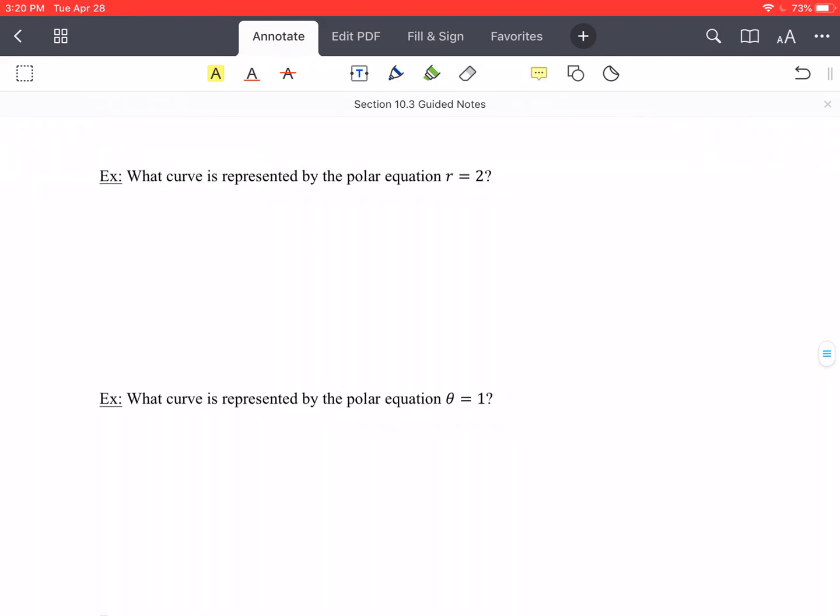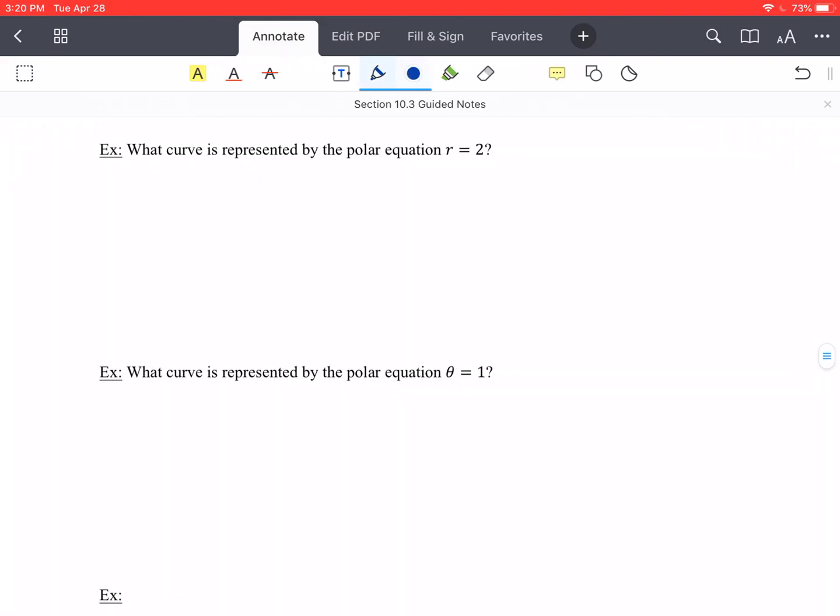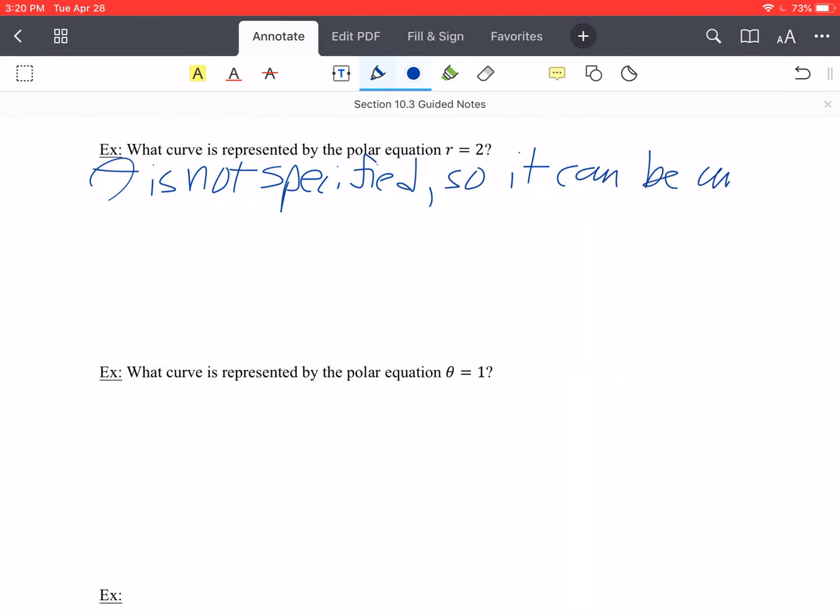So what curve is represented by the polar equation r equals 2? In this case, notice that theta is not specified. So since we're not specifying what theta is, we can just let theta be anything.